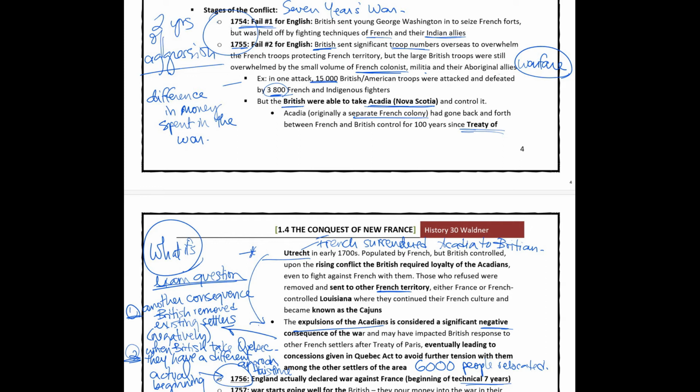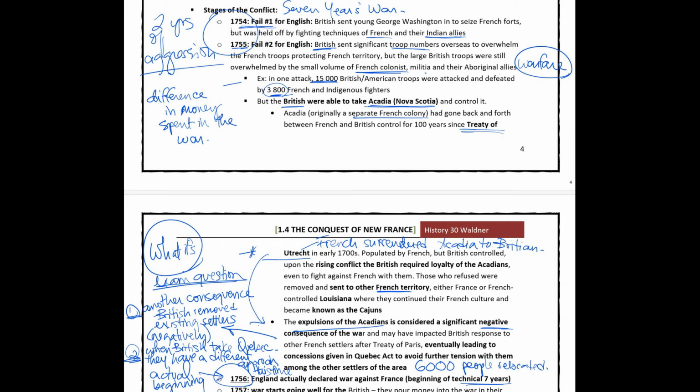We said that the British took Acadia, Nova Scotia, and this is a particular part of that, the back and forth. This Nova Scotia went back and forth for 100 years between ownership of British and French. So like we said, Acadia was a separate French colony, and in this particular battle, the British took Acadia in the Treaty of Utrecht, which is a treaty I might ask you about.